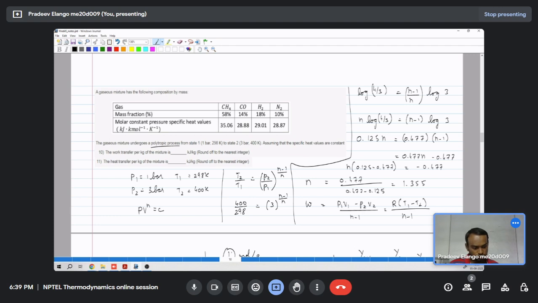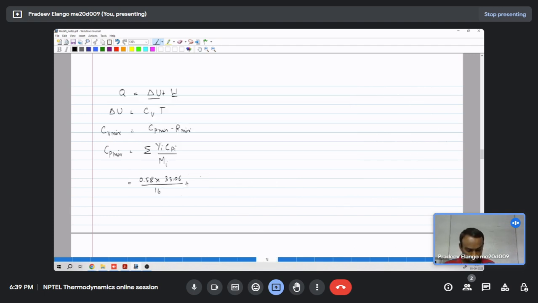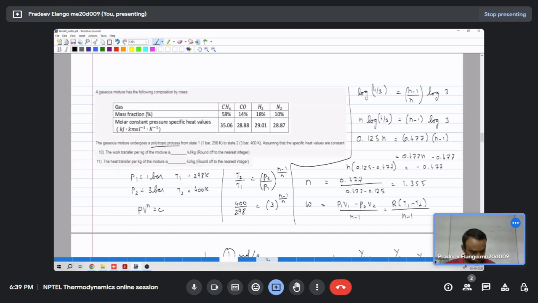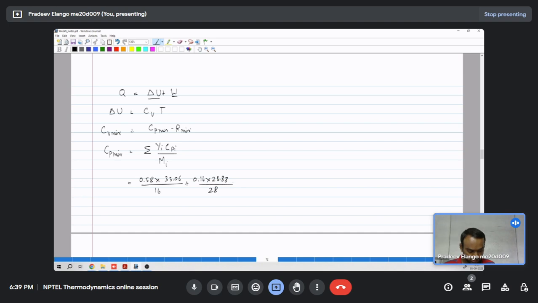Now for carbon monoxide we have 14% and 28.8. For carbon monoxide molecular weight is 28.